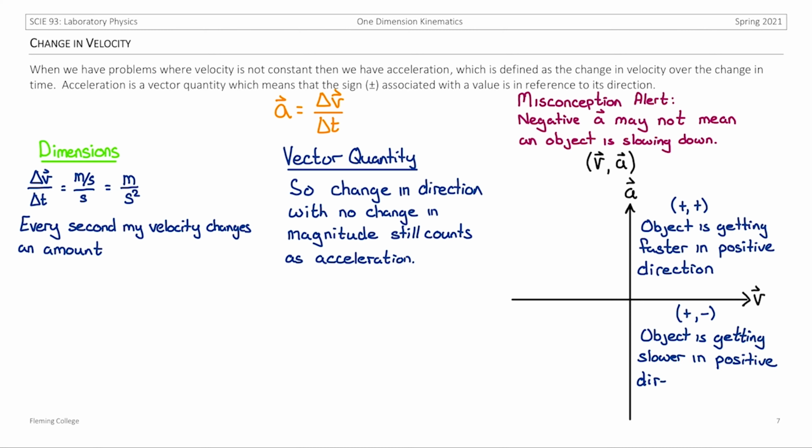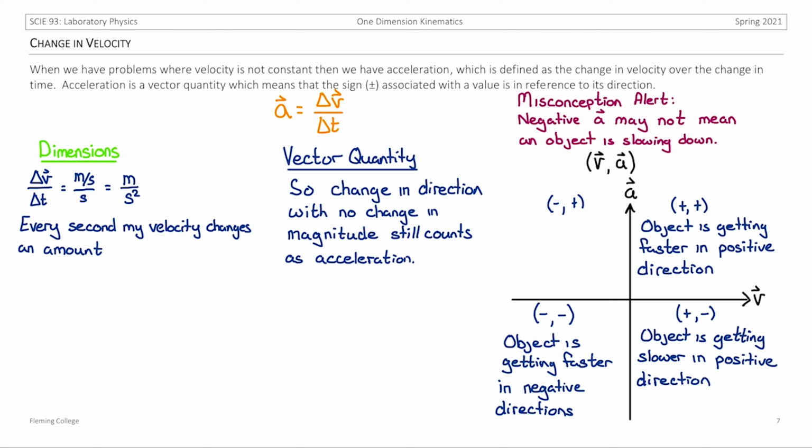It's losing velocity. Let's consider a negative velocity and a negative acceleration. Well, this is just the reverse of our first situation. Here, our object is going to be moving in the negative direction and it's getting faster in that direction. And the final combination is the negative velocity with positive acceleration.